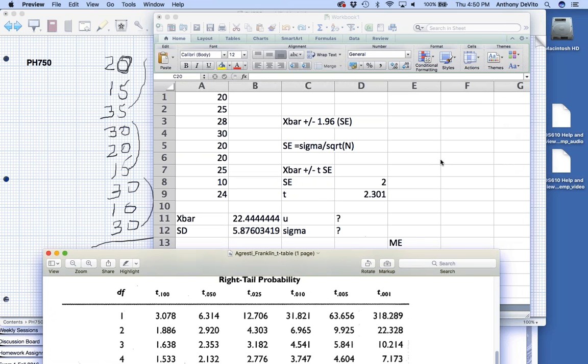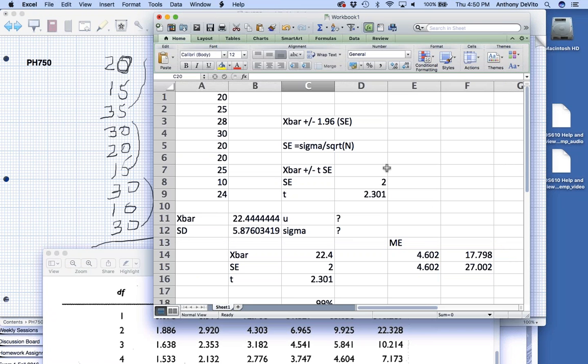If I go back here, you can see that would have made my interval wider. I would have multiplied 3.5 times my standard error to get my margin of error.